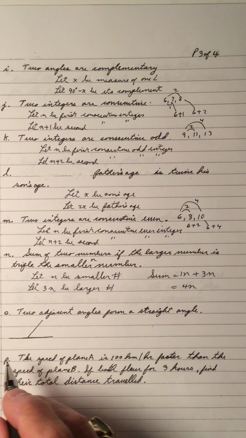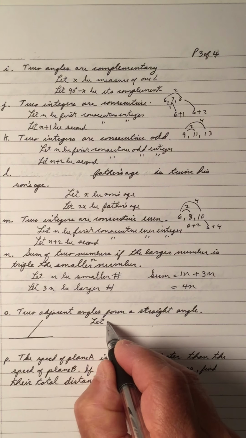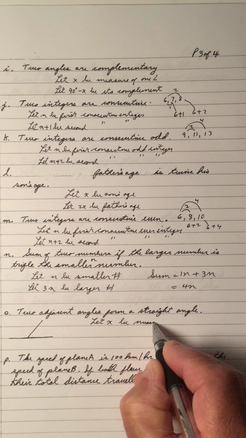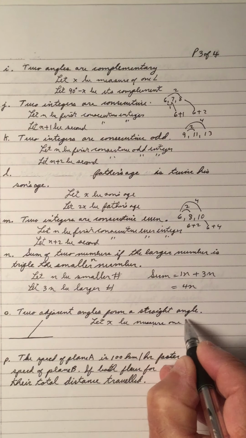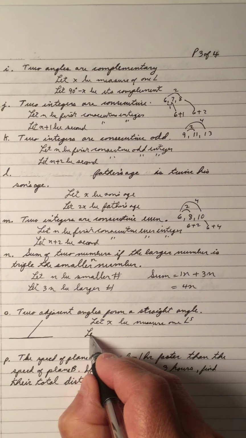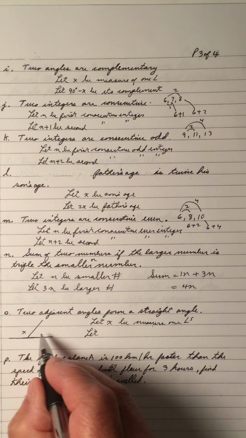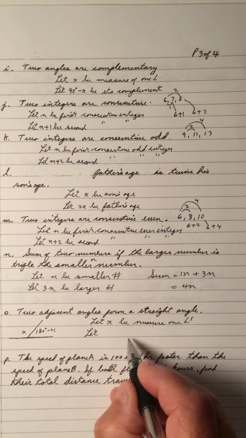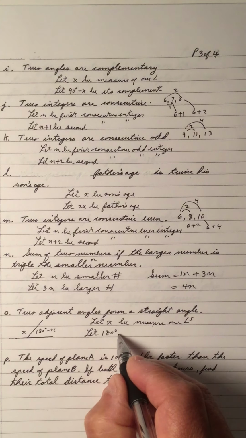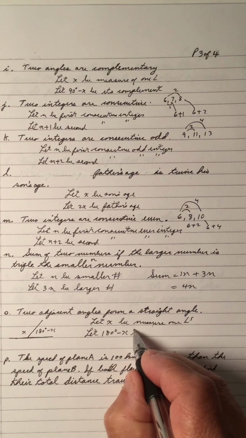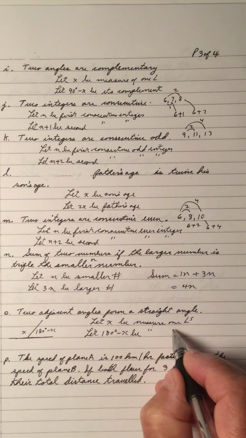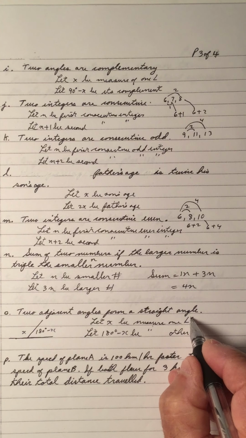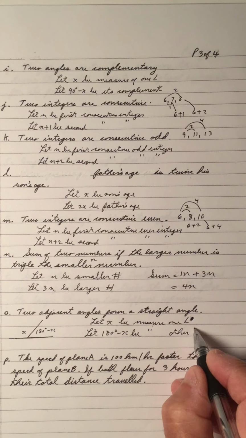So that means if you let x be the measure of one of the angles, then this one right here must be 180 minus x, because the two of them together add up to 180, to be the measure of the other angle. Let me rub that out there.